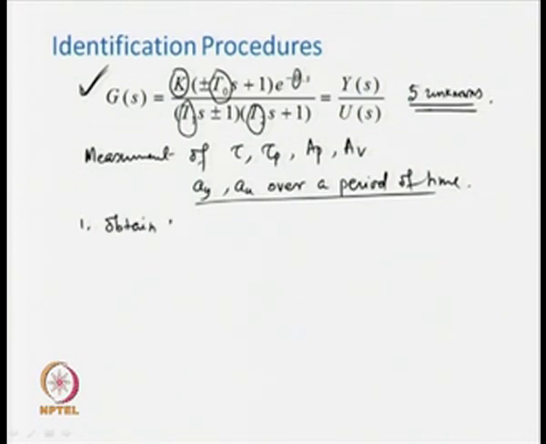Thus, obtain the steady state gain K of the system from the ratio of the area of the output to the area of the input signal. Okay. So, this is how one parameter is estimated. Then we are left with 4 unknowns, and those 4 unknowns can be found from the 4 analytical expressions we have developed based on the zero crossings and peak outputs of the sustained oscillatory output signal.